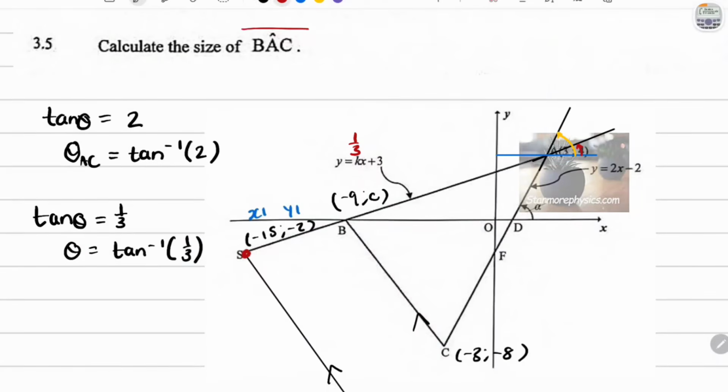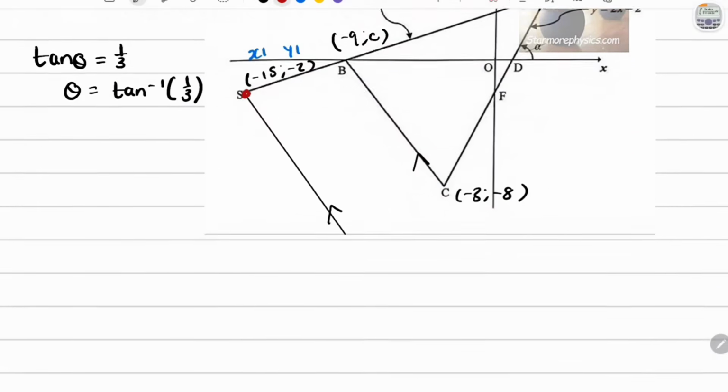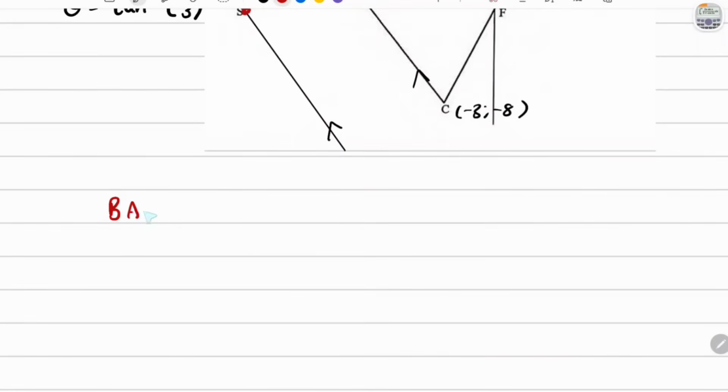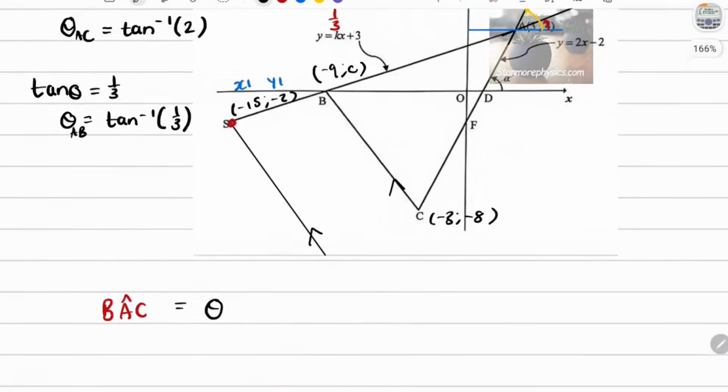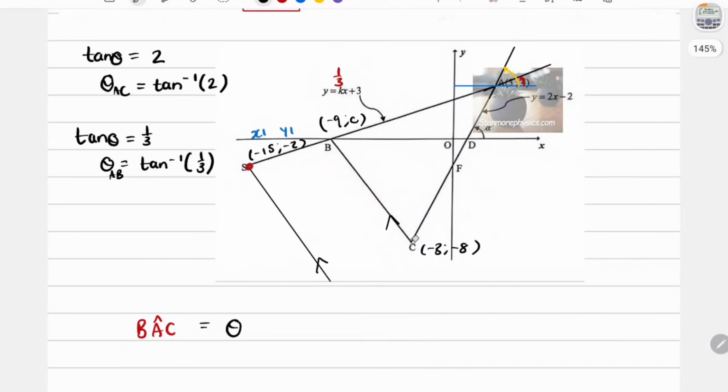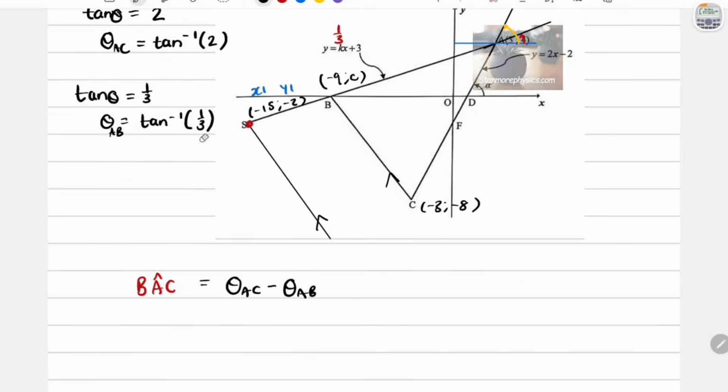Okay, so now to find the angle BAC, BAC is formed by taking the angle of inclination of AC, the bigger angle, and subtracting the angle of inclination of AB, the smaller angle, that line. I'm going to take it like that so that the answer would be more accurate.